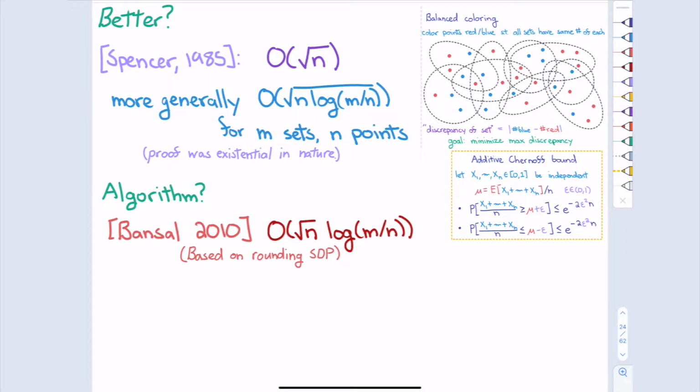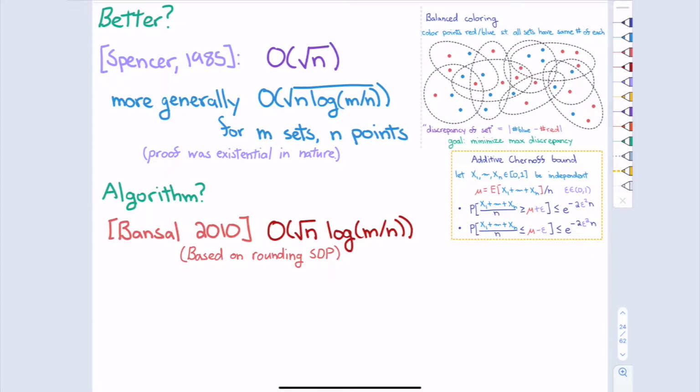The first breakthrough comes many years later in 2010. This is relatively recent in theory. Bansal, using a technique called semi-definite programming, a generalization of linear programming that we haven't discussed as a class, was able to get, at least for the n and n symmetric setting, square root n.